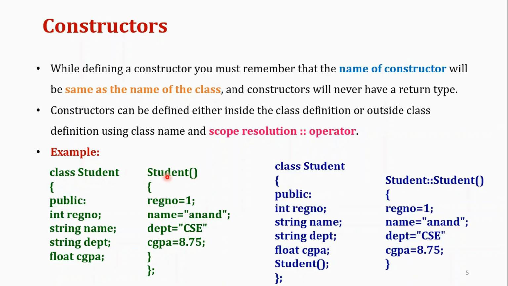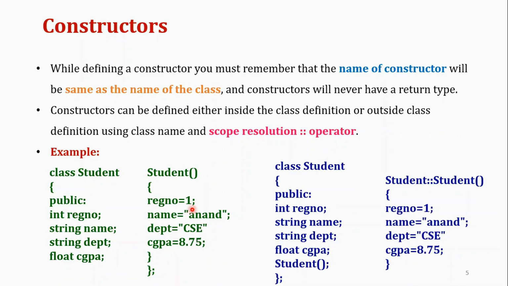This function is a constructor, a default constructor actually, used to initialize the register number, name, department, and CGPA. Then comes the end of the function and the end of the class. In the main function, whenever the object is created, this function will be called automatically, and the attributes of that object will be initialized with these values, ending with CSE and 8.75 respectively.